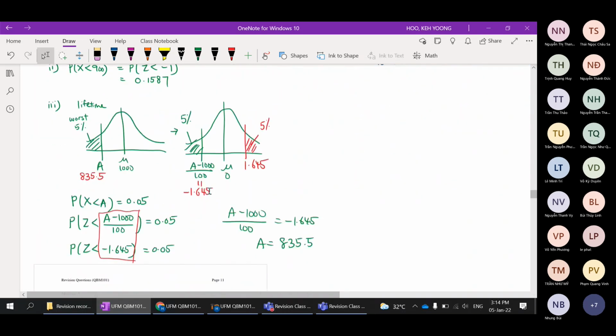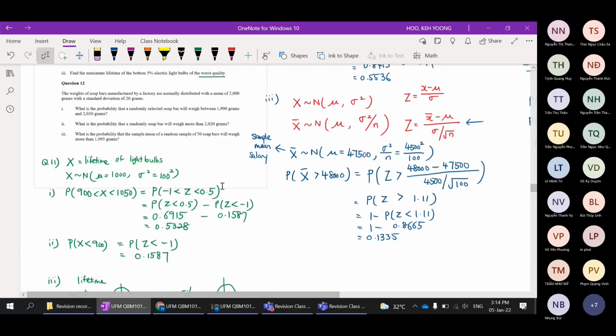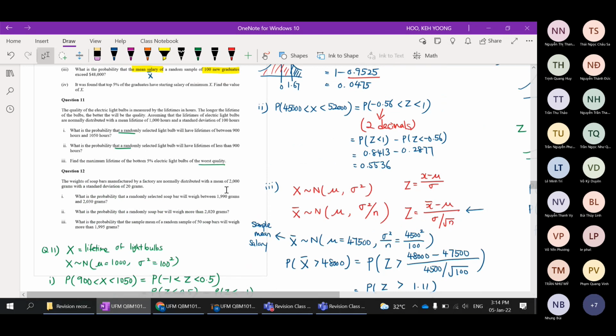Oh, 3:14. I think we will take a short break. A quick break, 10 minutes. If we straight away continue to 4 p.m., that will be quite long already. If you have nothing to do, take these 10 minutes to solve question 12.